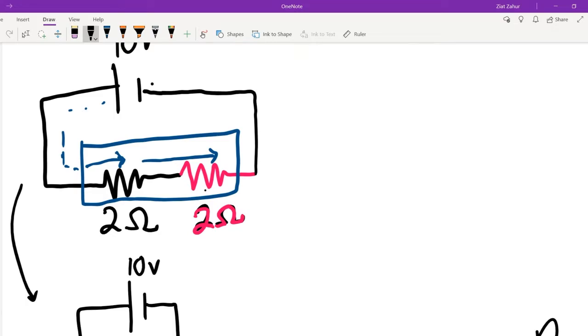Since their total was 2, they share the same amount of resistance as resistor 1. Only because their total somehow equaled the first one is the reason why the voltages were the same. So if the R23 was different, then V2 and V3 would be equal to each other, but it would be different from V1. And we'll do other problems where it is different.